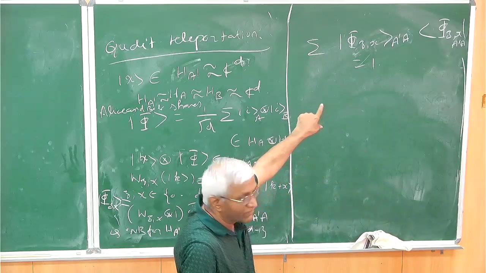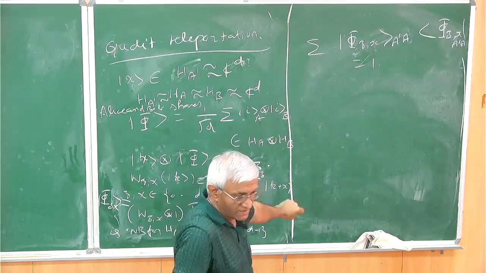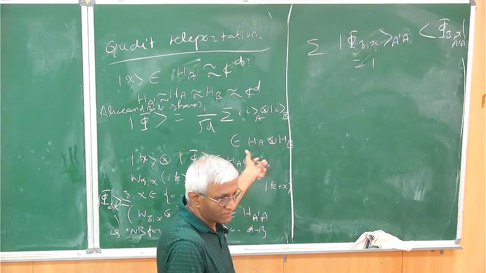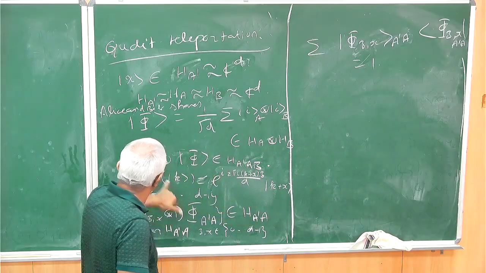So this projection forms a positive operator valued measurement. This gives a positive operator valued measurement. So Alice measures this state.